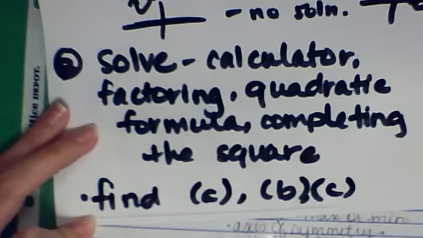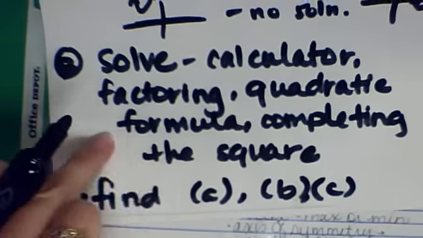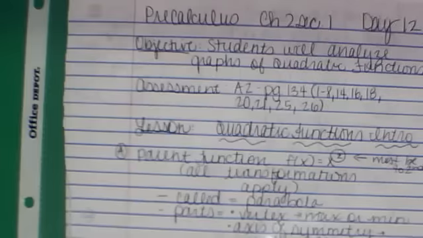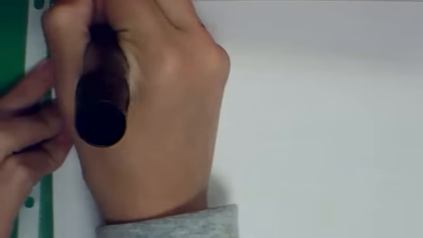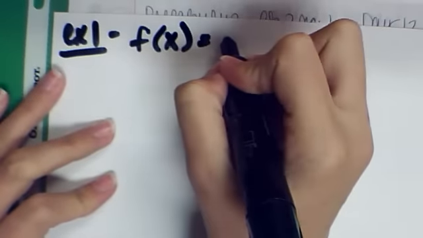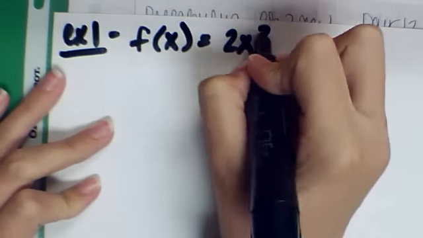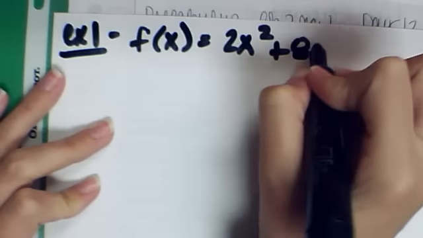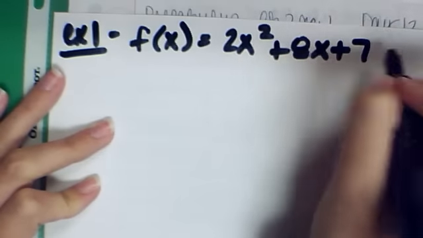So that's what we're going to do both in the assignment today in class and on our homework tonight. Let's look at some example problems. Grab another sheet of paper. Okay. When we're looking at our examples, number 1, you will want to have your calculator out or else you're going to get real stuck real quick. F of x equals 2x squared plus 8x plus 7.